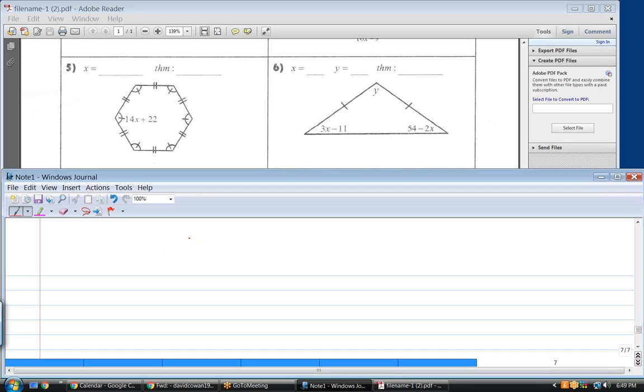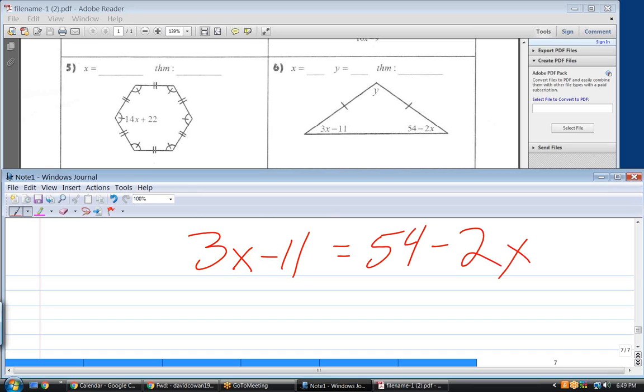If the opposite angles are equal to each other, first we could do 3x minus 11 is equal to 90. No, no, no. What did we just say? This angle is equal to this angle. It is equal to 54 minus 2x. I thought we were looking at the sides. That's okay.